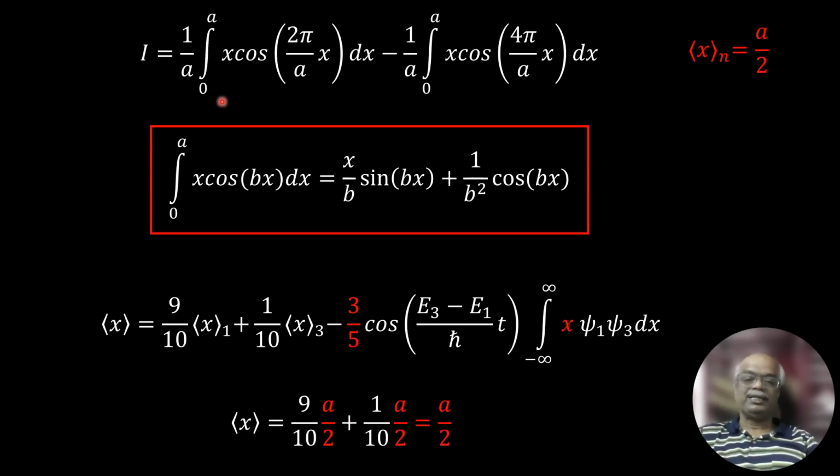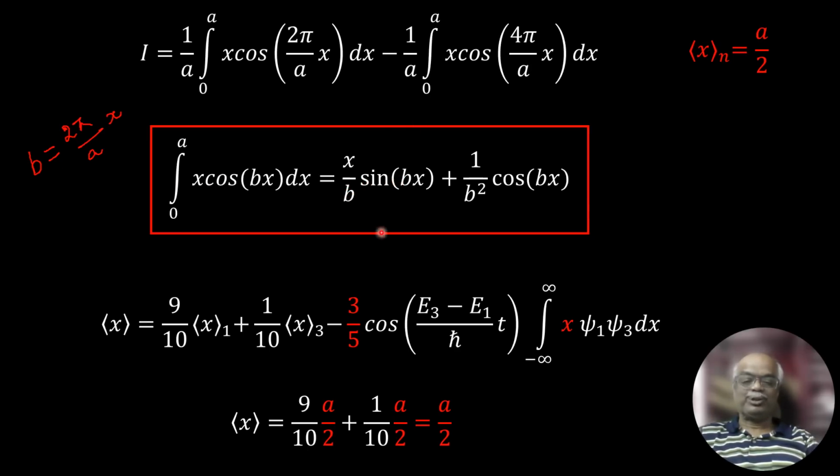So here in the case of the first integral, p is equal to 2π/a. So here if you apply the upper limit, if you replace x by a, you will get sine 2π, which is 0. Then lower limit, sine 0 also 0.